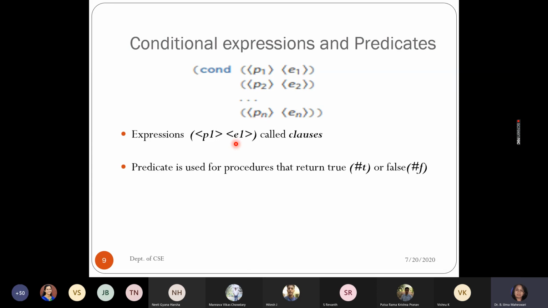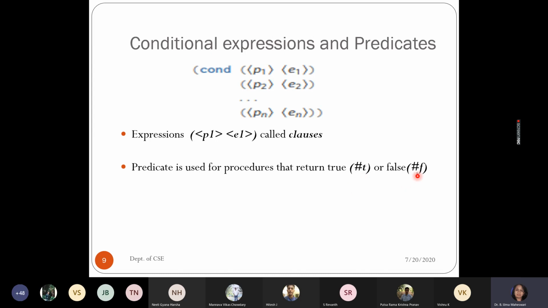The predicates are used for procedures that return hash t or hash f. In other languages you would say TRUE or FALSE. Here it will return hash t, which means the interpreter will assume that it is true.